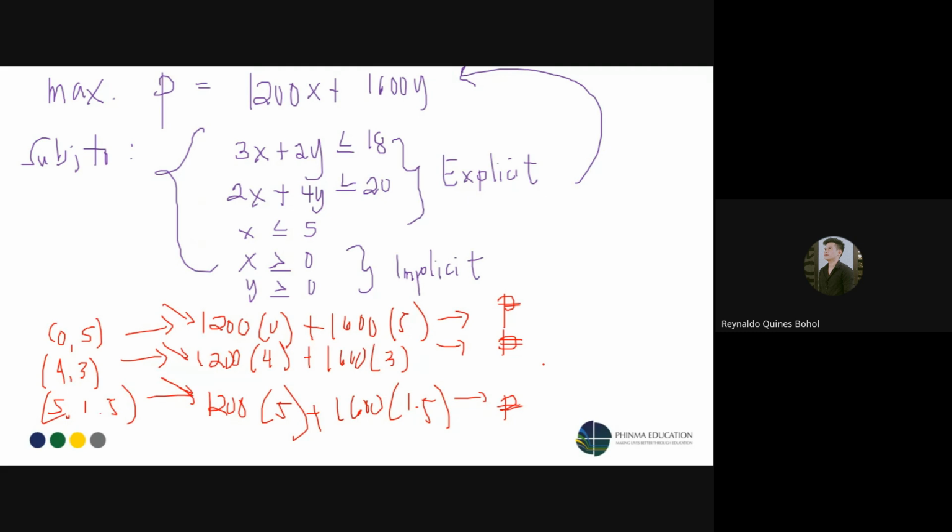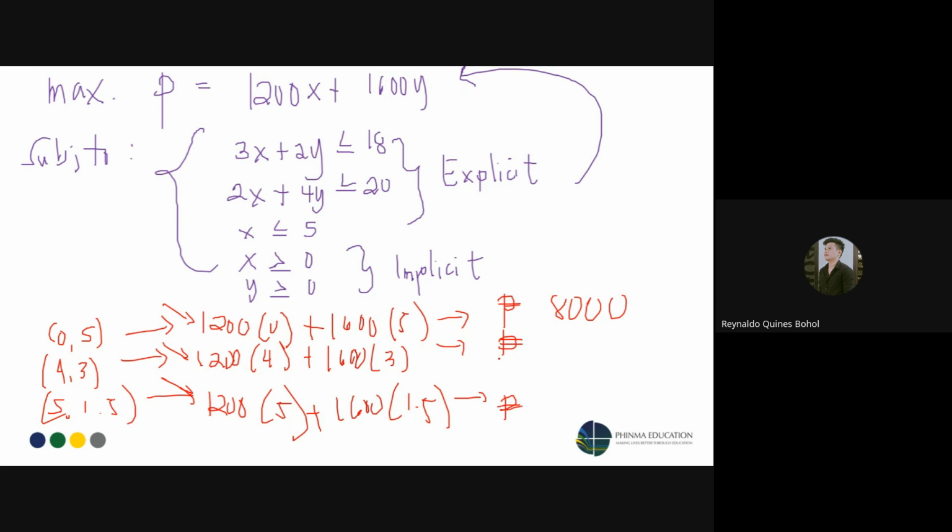Guys, what is (0, 5)? What is the amount? 8,000. How about the other one? How about (4, 3)? I think the answer here is (4, 3), because 4 times 1,2 and 3 times 1,6. I think this is the bigger one.